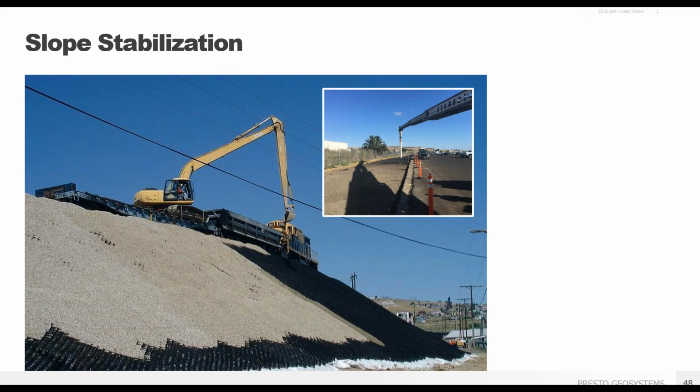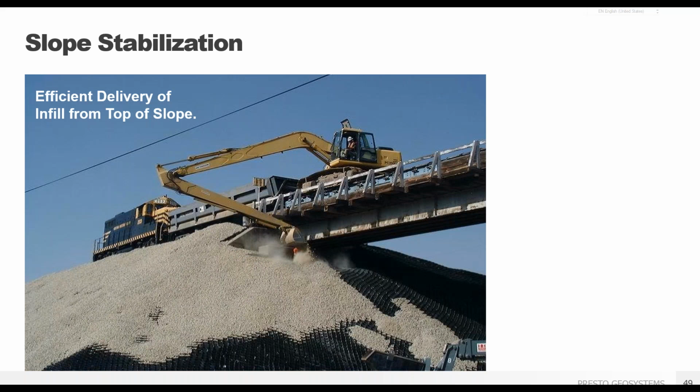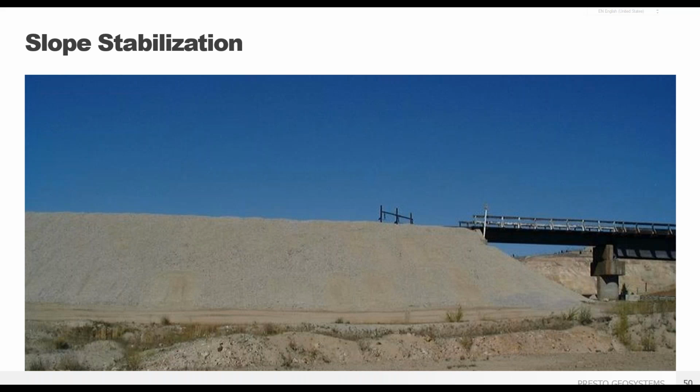Rock slingers, as shown in the load support section, also work well for this top-down infill process. Just a close-up picture showing the GeoWeb panels were extended under the bridge abutments. And here's a picture of the finished slope.